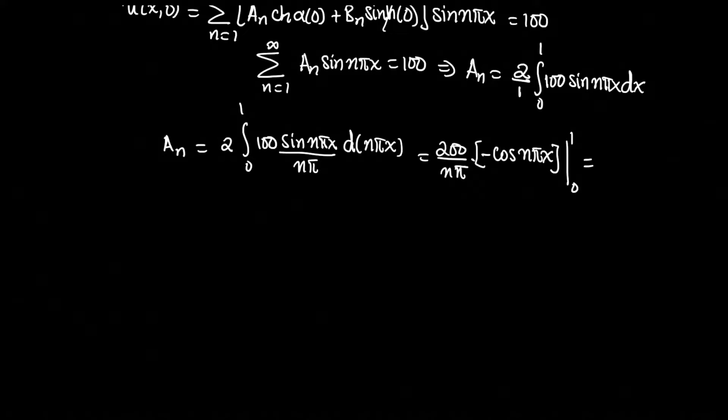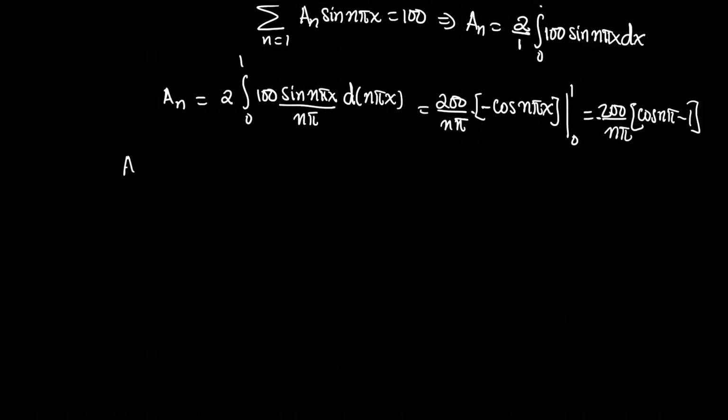Then when you evaluate, you get 200 over n pi. I'm going to put minus here. You have cos of n pi minus 1. When you plug in 0, you just get 1.